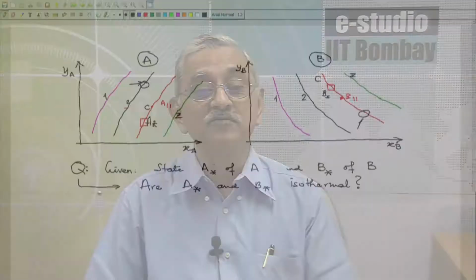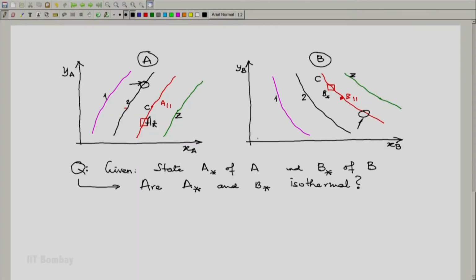So here now we will say that A star and B star, the same question, are isothermal if they lie on isotherms which have the same color or the same nomenclature here in labels.